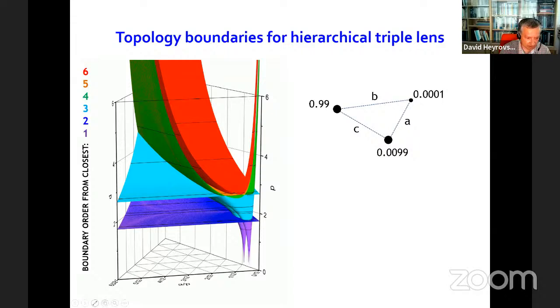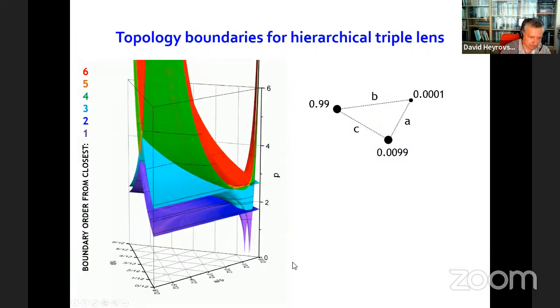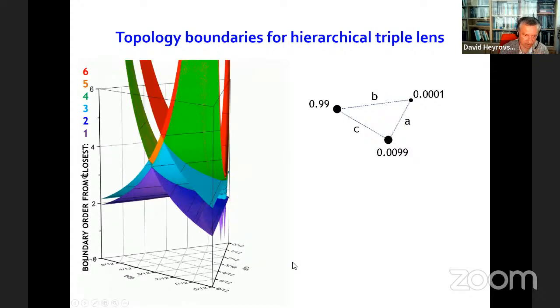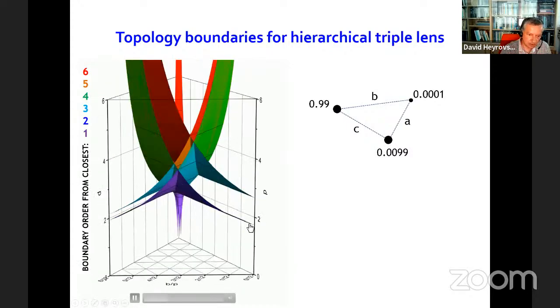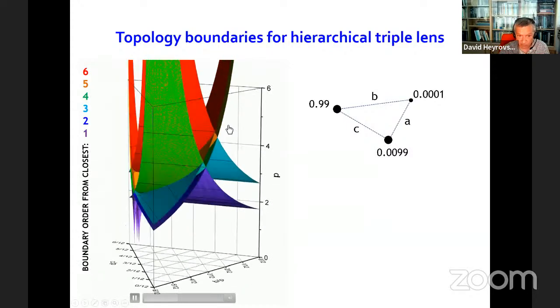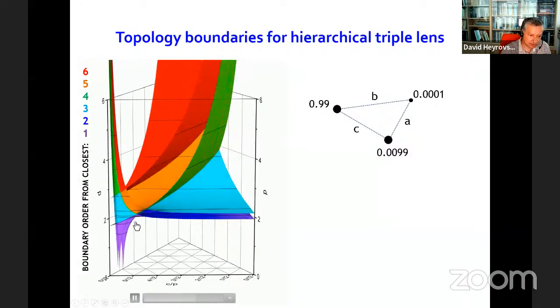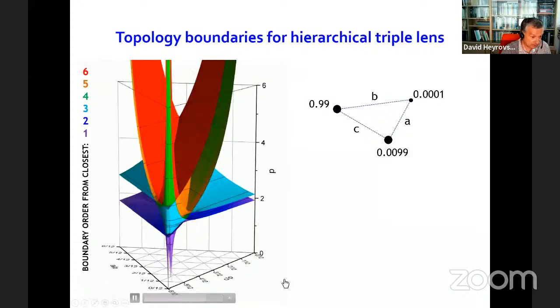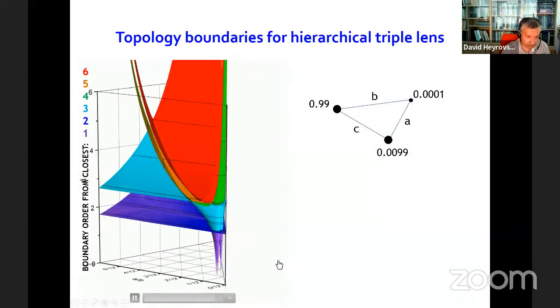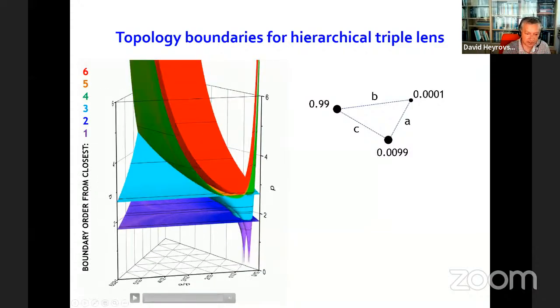And again, just to see what the surfaces really are 3-dimensionally, you can look around and you can see, from 2 sides it's fairly simple, but this is the regime where most of the transitions and different regimes occur. So that's in fact the most interesting regime of such a hierarchical lens.